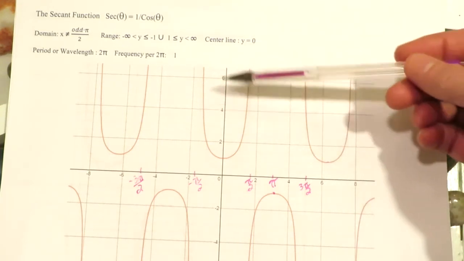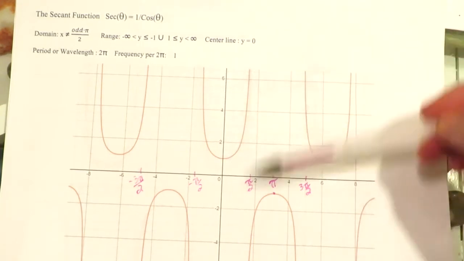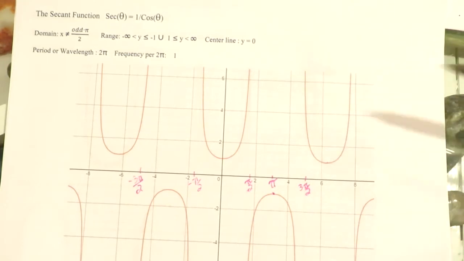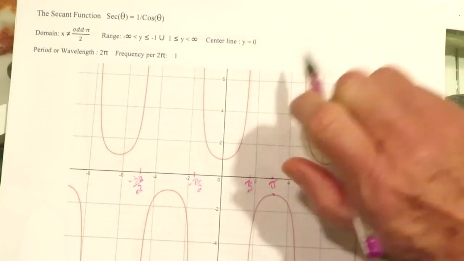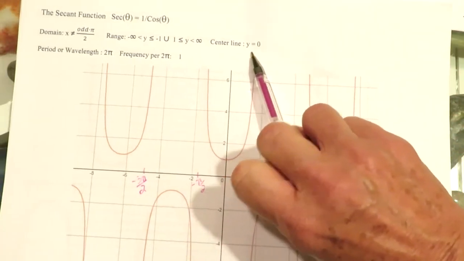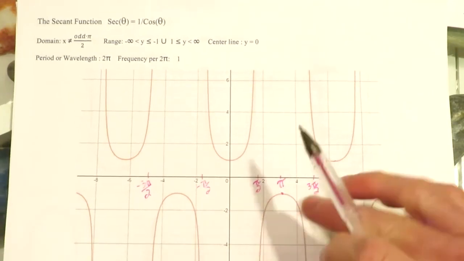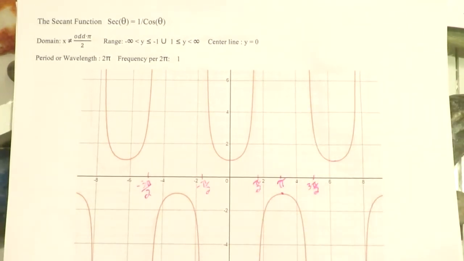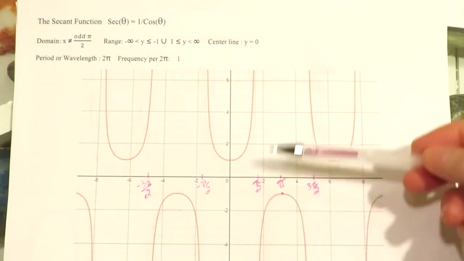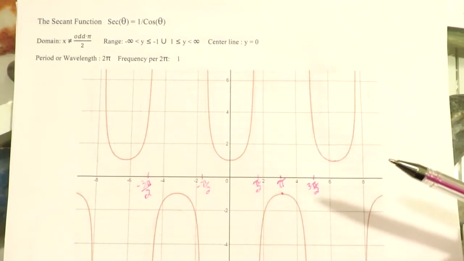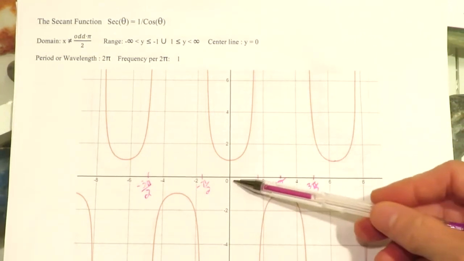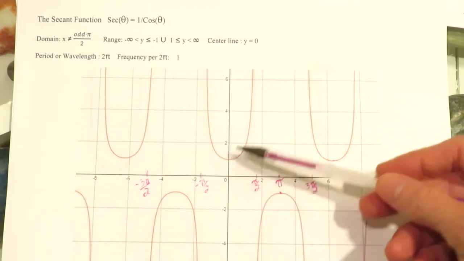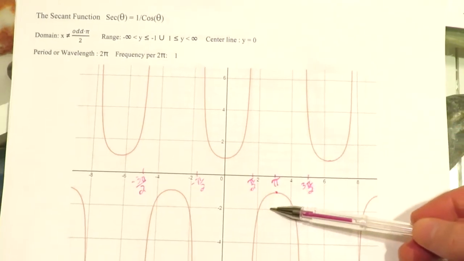Or you could look at a full cycle as an upward facing U and a downward facing U, and then you repeat again. Notice we still point out that the center line is y equals 0, because the U shapes are symmetric about that line. So y equals 0 is kind of in the middle between the upward U's and the bottom U's.